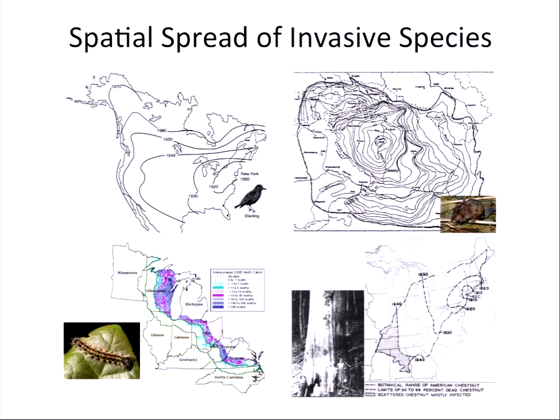In this case down here on the bottom, gypsy moths, which have spread from the Northeast and now across the Midwest, incur billions of dollars of damage on forests in these regions. And active management of the movement of this invasion front has actually saved lots and lots of money. And this has all required a very detailed understanding of how gypsy moths spread.